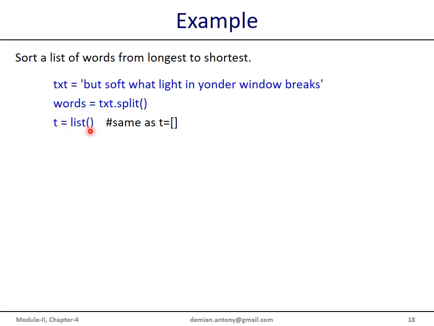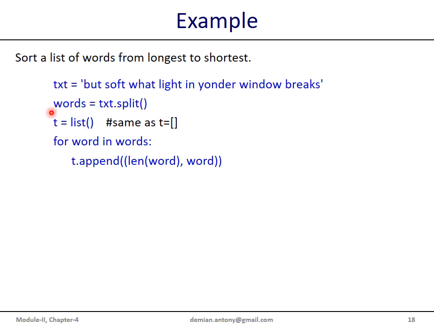This is a syntax. You can use t is equal to this notation, the square brackets. Since we don't pass any argument to a list function, it creates the empty list. t is an empty list. Now we create a list with tuples.